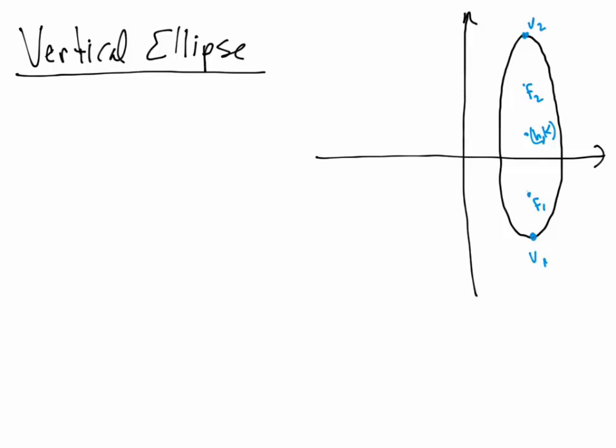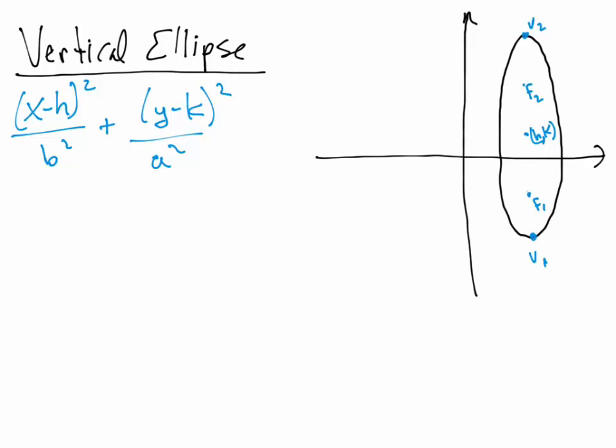So the standard form of this equation is x minus h quantity squared, but now I have the smaller denominator under the x term and the larger denominator under the y term, still equal to 1. Similarly as when we had a horizontal ellipse, the distance between the vertices is 2 times a.